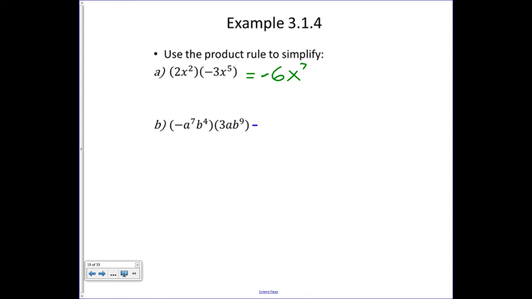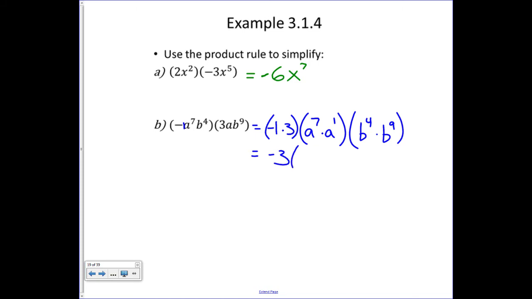For the second example, here we have negative 1, so negative 1 times 3 times a to the 7th times a, so a to the 7th times a to the 1st, times b to the 4th times b to the 9th. Notice we can deal with numbers and each of the variables separately. We're just multiplying all of those pieces together. Well, negative 1 times 3 is just negative 3.